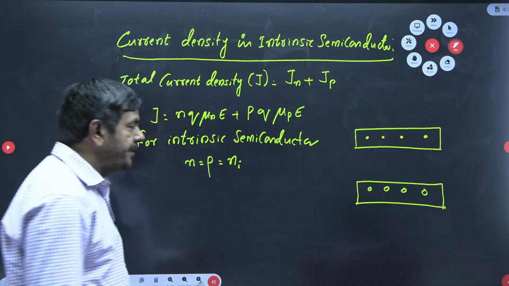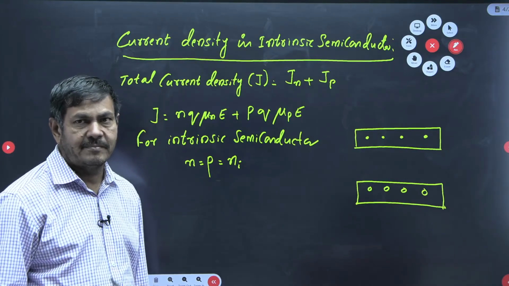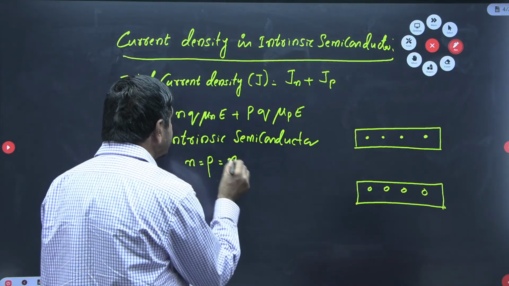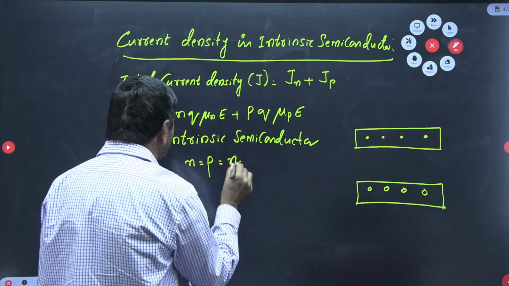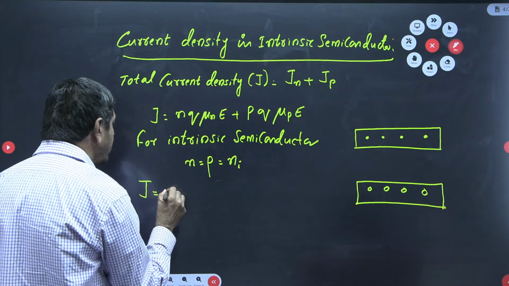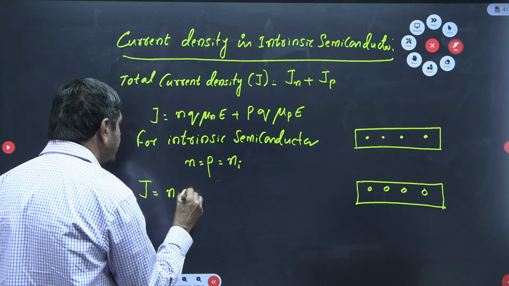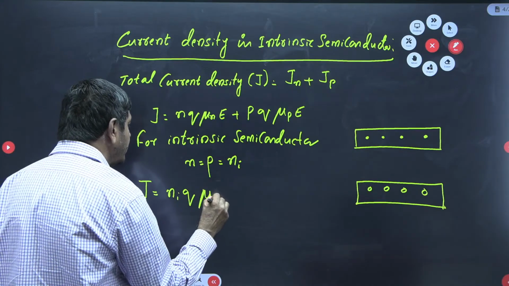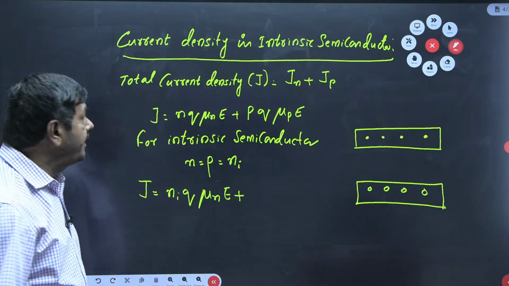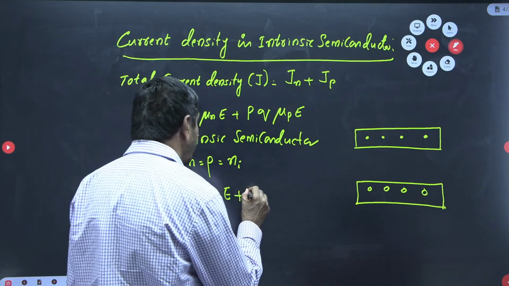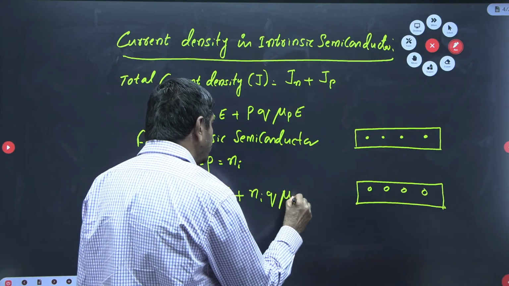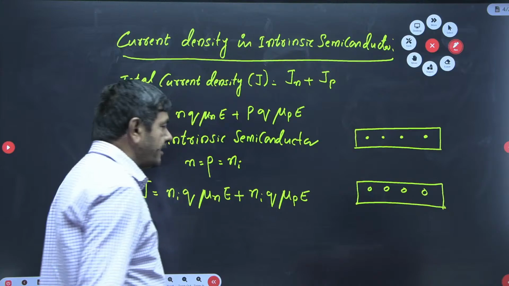If I substitute N equal to Ni and P equal to Ni, what is going to happen? Please watch. J equals Ni into Q into mu n into E, plus P, which is nothing but Ni again, into Q into mu P into E.